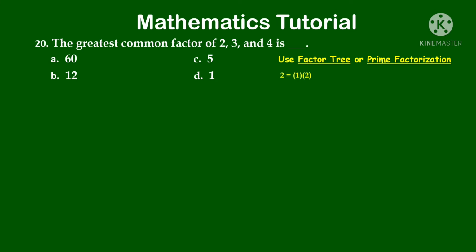So 2 has a factor of 1 times 2, and 3 also has a factor of 1, and 4 also has a factor of 1. Now look at the given. 1 is the only common factor from all the given. So therefore, the GCF or greatest common factor is 1.